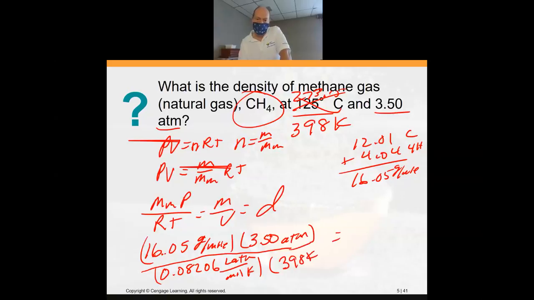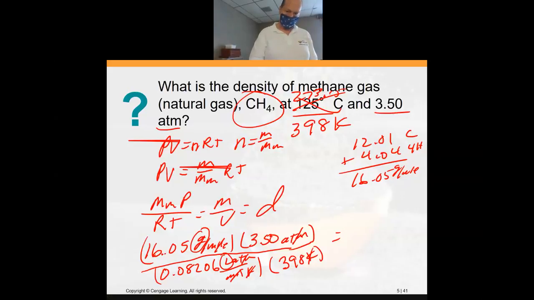All right, so then we can see that the atmospheres will cancel. We also see that the moles are going to cancel. And we also see that our Kelvin is going to cancel. And we are left with grams in the numerator and liters in the denominator, which is our units for density.